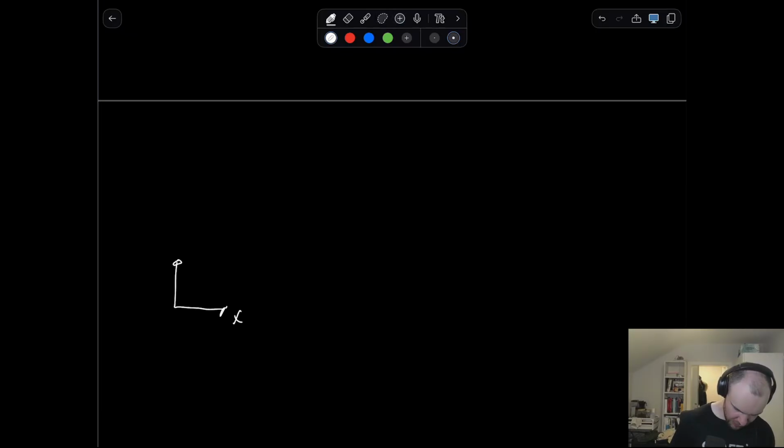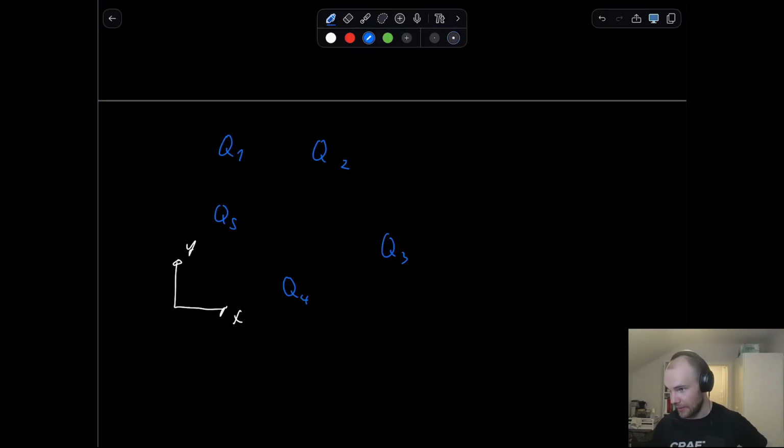So here's our coordinate system, not so stupid this time. And let's say I had Q1, Q2, Q3, Q4, Q5, etc., etc. Okay, and then I placed my point charge somewhere.